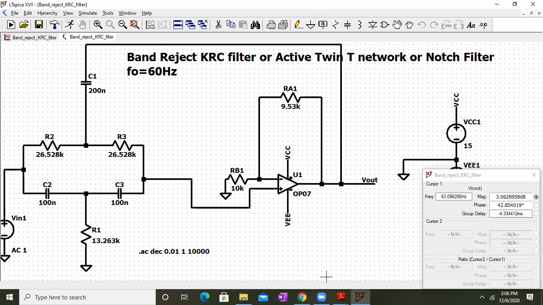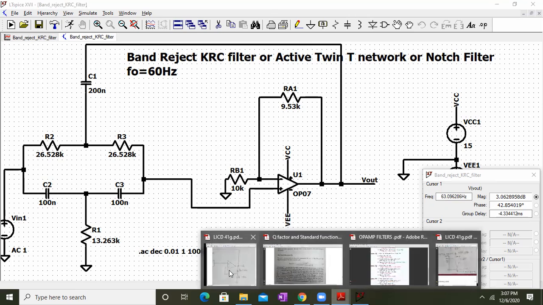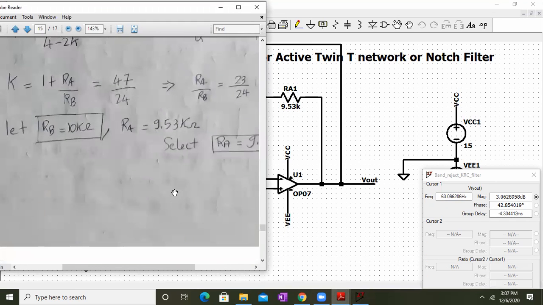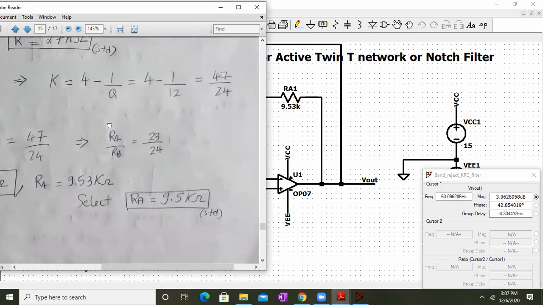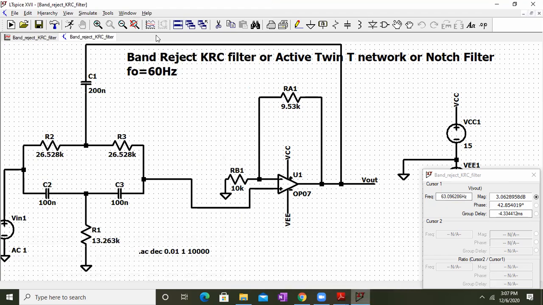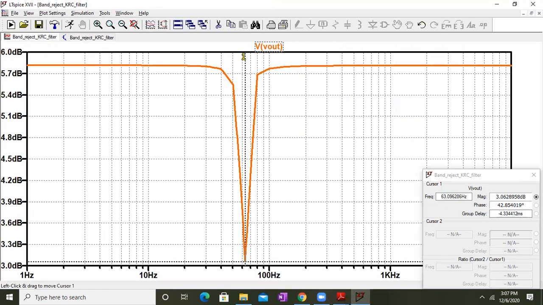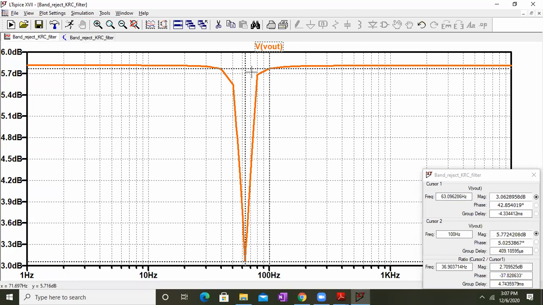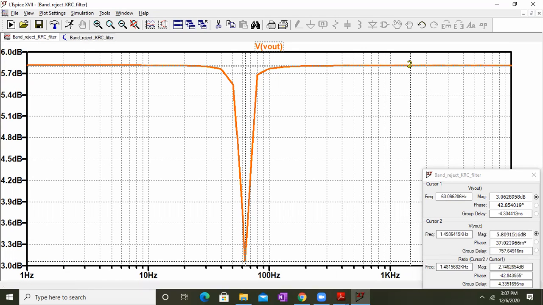And the passband gain, well, one can check that also. So over here it was around 47 divided by 24, 20 log of that. Somewhere close to 5.83 we were expecting, and here the passband gain is 5.8 dB. So instead of 5.83, we are getting 5.8 dB as the passband gain, with a notch frequency of 63.09 hertz.